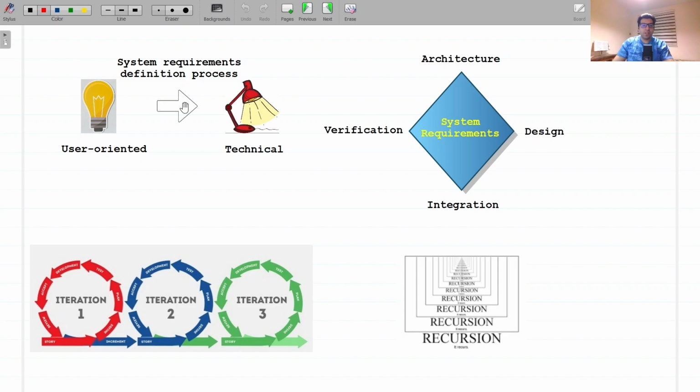Requirements definition is both iterative and recursive. According to ISO/IEC/IEEE 29148 Requirements Engineering, when the application of the same process or set of processes is repeated on the same level of the system, the application is referred to as iterative.